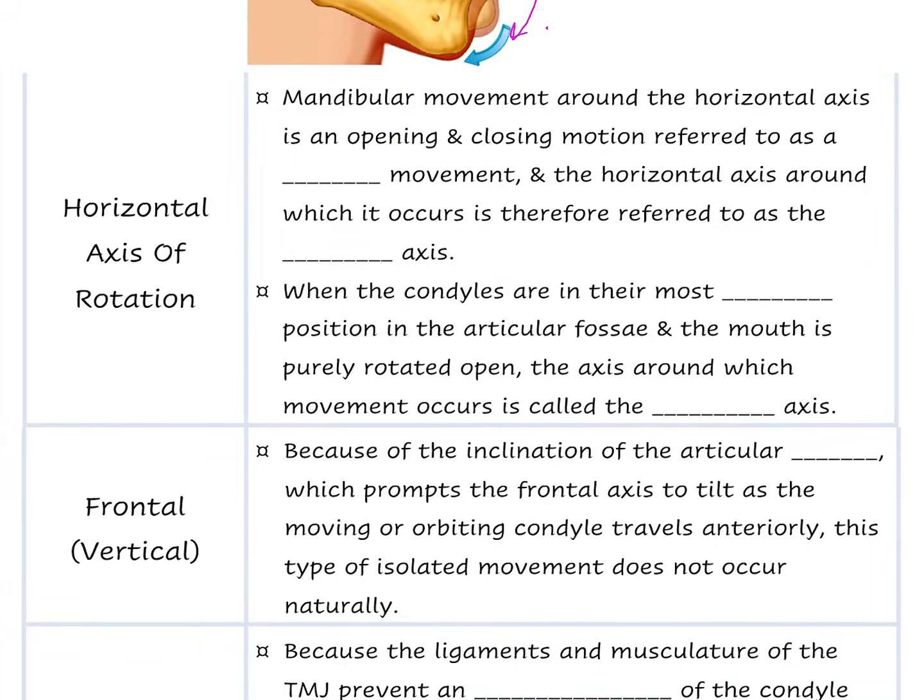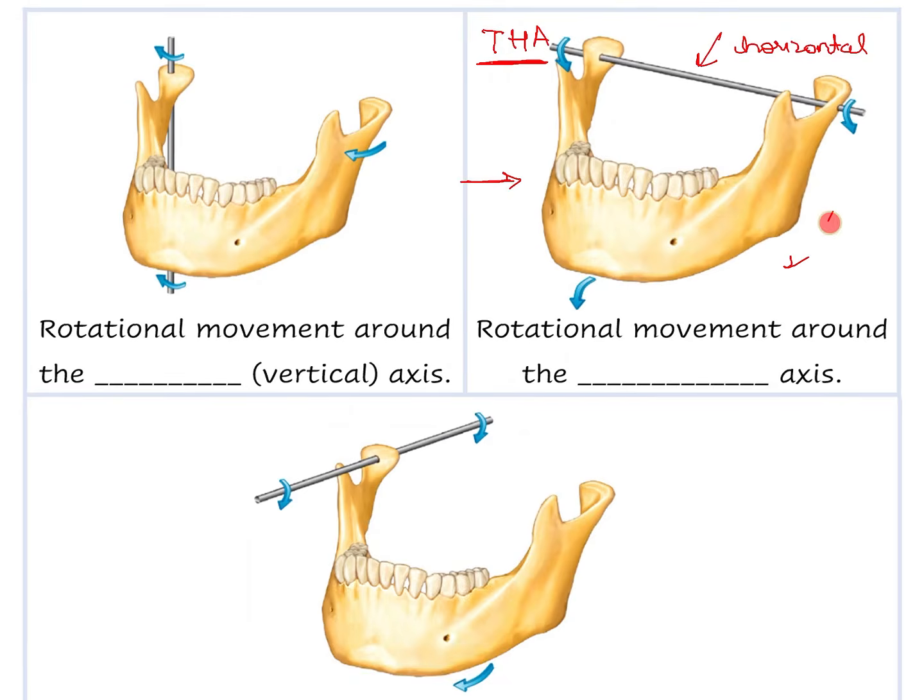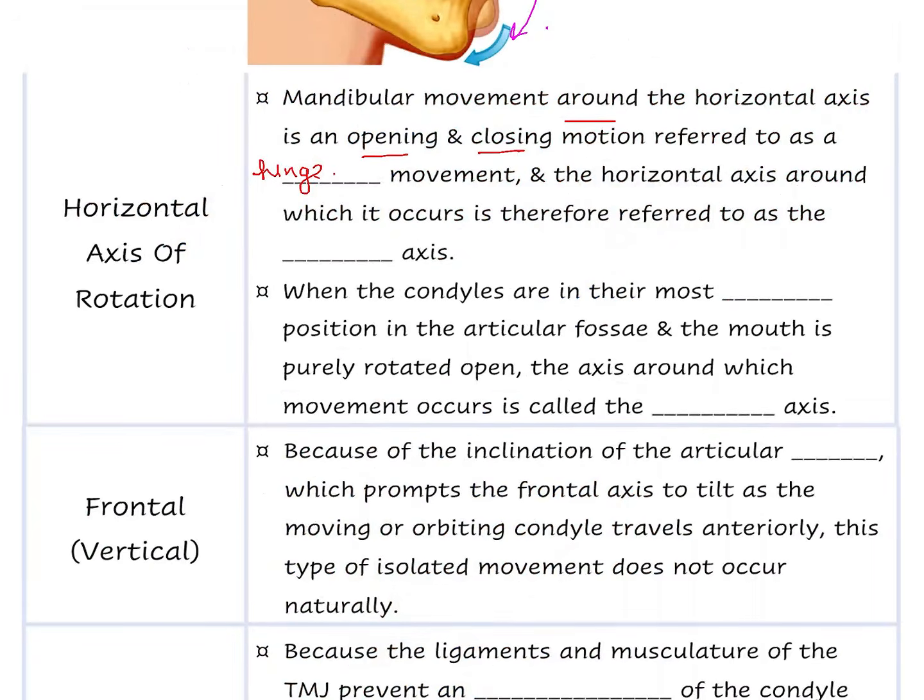Now in this, the mandibular movement occurs around the horizontal axis. This is an opening and closing motion referred to as the hinge movement, like a door hinge. This allows opening and closing kind of movements, so you can close your mouth and open it with the help of this movement.